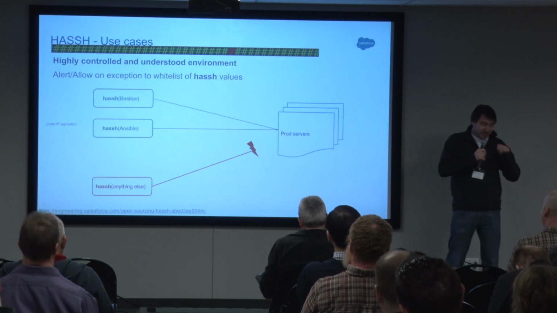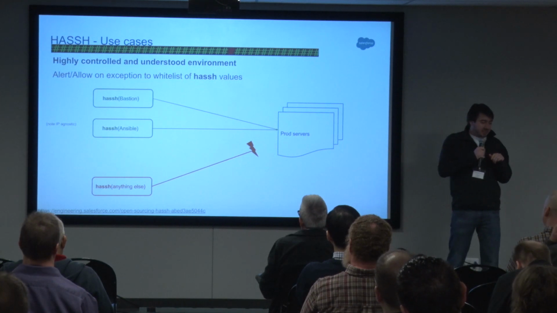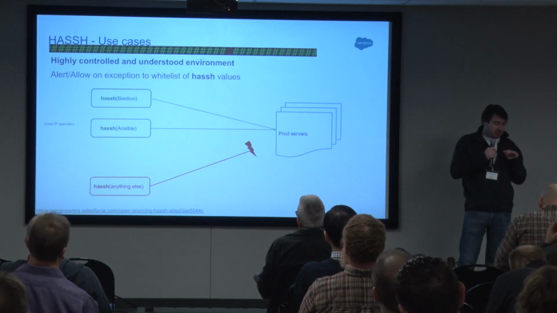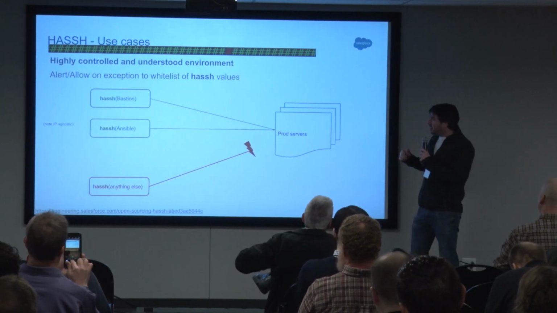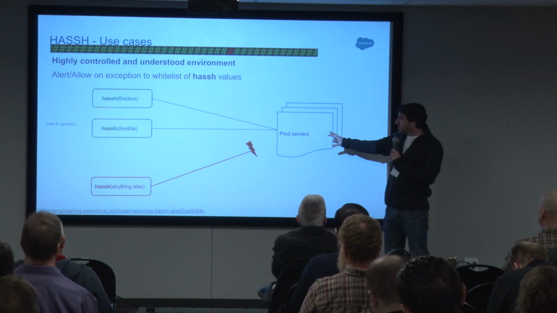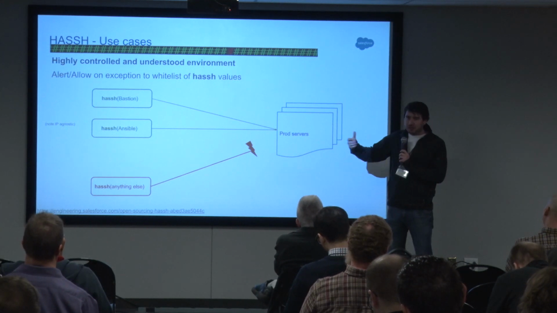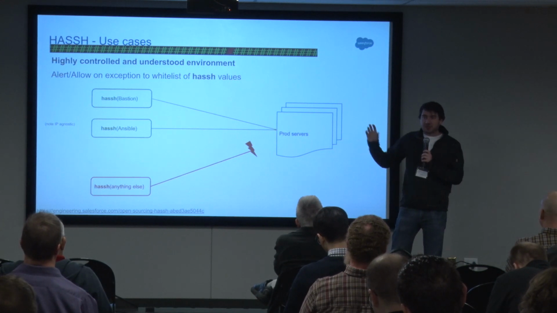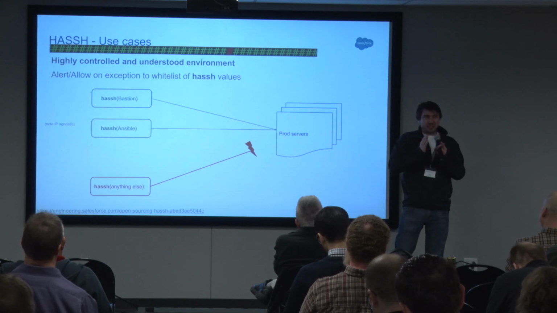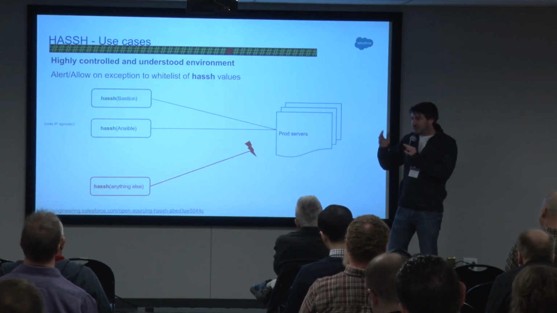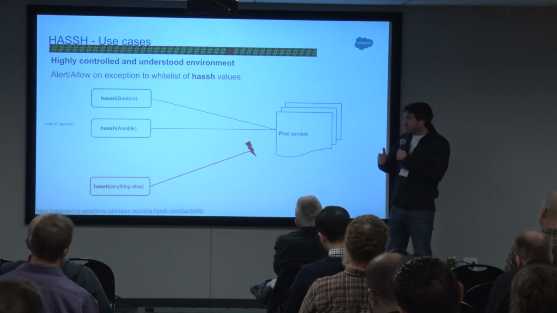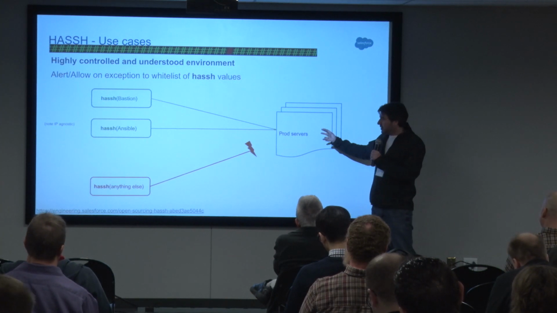Where this can really shine is in a highly controlled production environment, right? Where you know that your prod servers should only be communicating over whatever applications are on your prod server. If your prod servers are the same versions of operating system with the same packages installed and everything like that, then you know what you should be looking for.